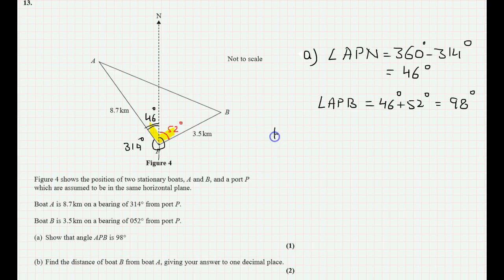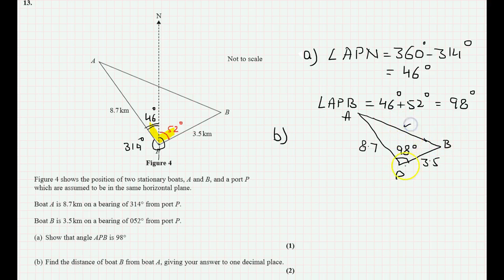Now the part B of the question. Find the distance of boat B from boat A, giving your answer to one decimal place. We have this triangle where this angle is 98, this is 8.7, this is 3.5, this is A, B and P. We have to calculate this side and this angle is given.